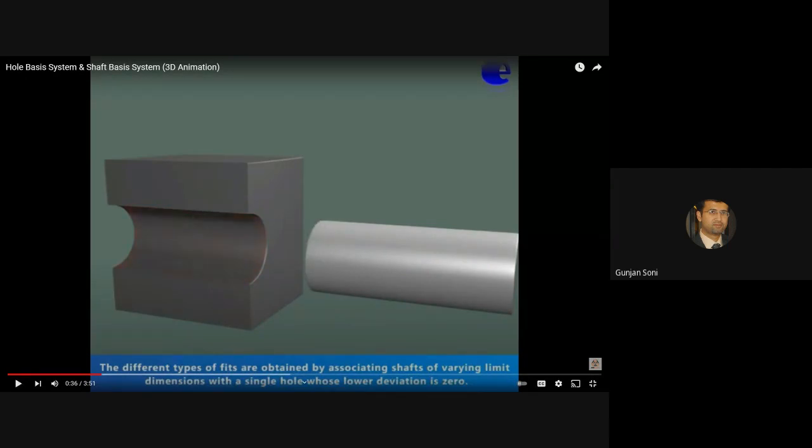So let's now understand the meaning of deviation before we go ahead with hole basis and shaft basis.